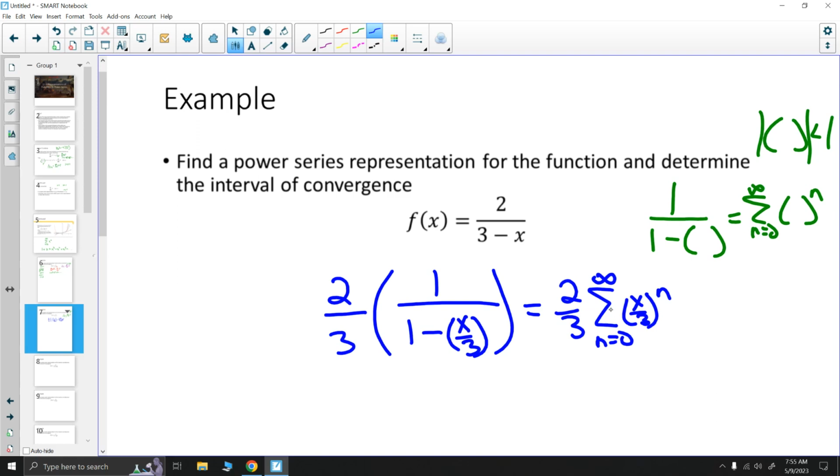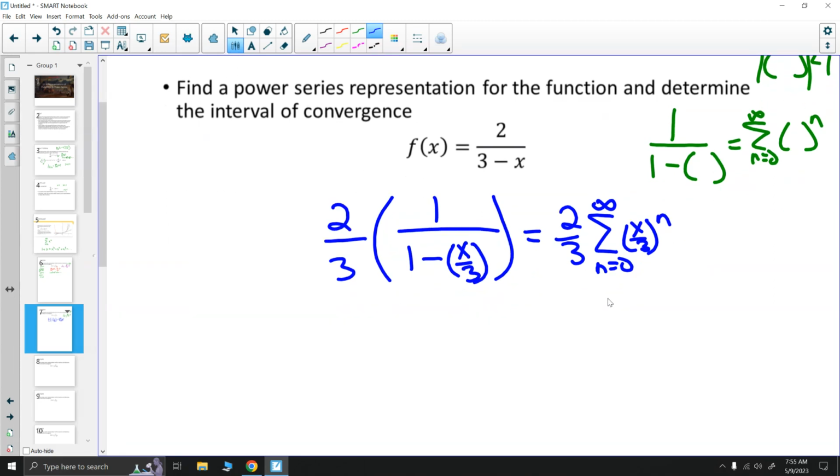The general rule of thumb is that if I have other 2's in here, or anything outside, if I have it inside, I'm usually putting it inside. Otherwise, I could just leave it out. So there are no 2's in here, so I'm going to just leave that out as a constant outside.